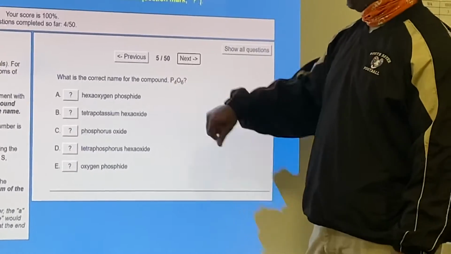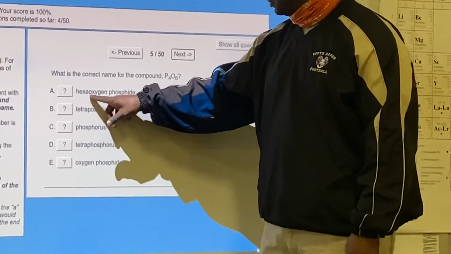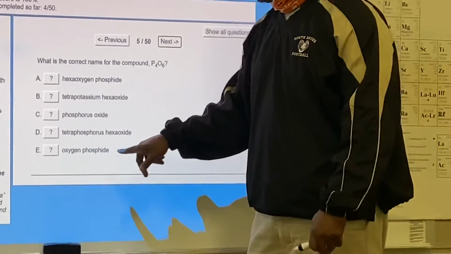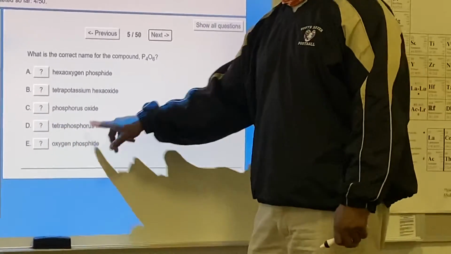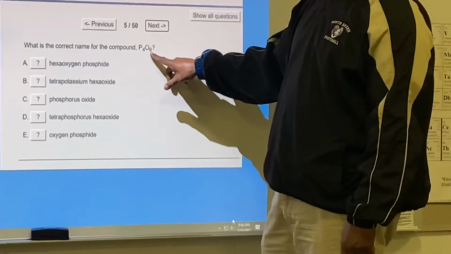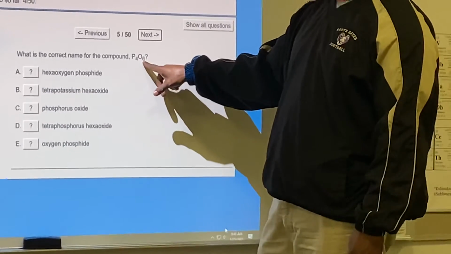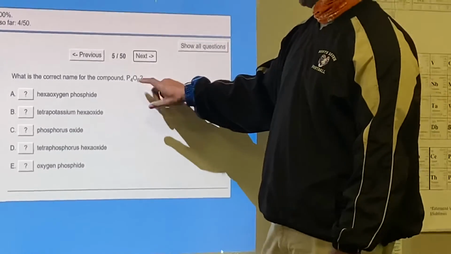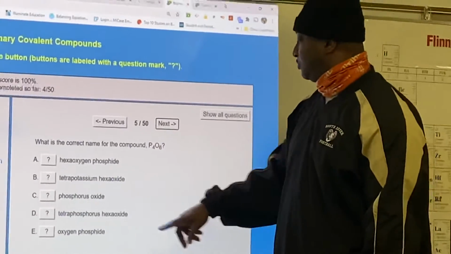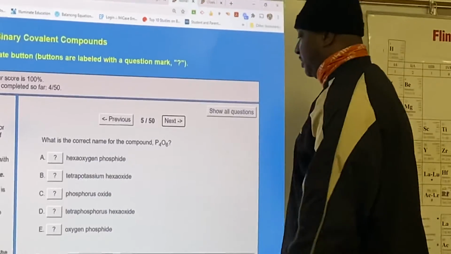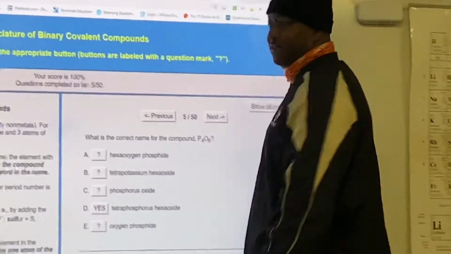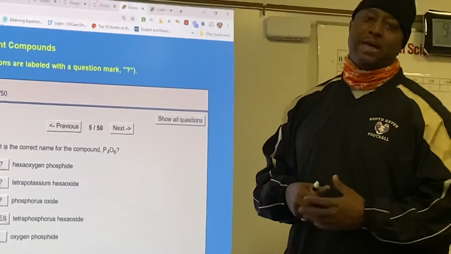Tetraphosphorus. Which one says tetraphosphorus? Out. That's out. That's out. Tetraphosphorus. What is that? 6 is hexa. Okay? Hexaoxide. There we go. I could do this all day. If this was an Olympic event, I'd be a gold medalist.